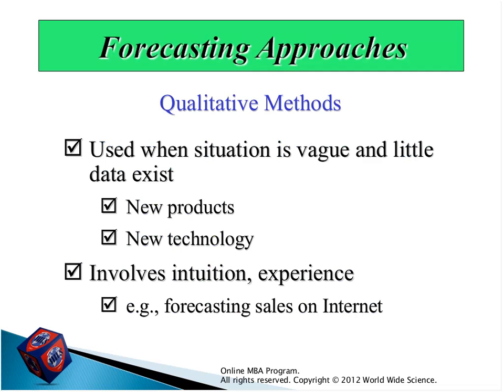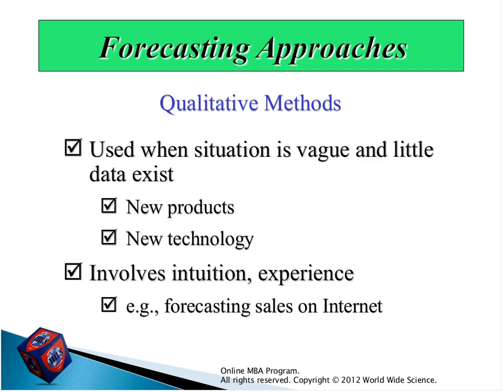Okay. There are two kinds of methods for forecasting: qualitative methods and quantitative methods. Qualitative methods are used when the situation is vague or uncertain and little data exists. For example, for new products, for new technology, because this is the first time that you want to send a new technology to market.